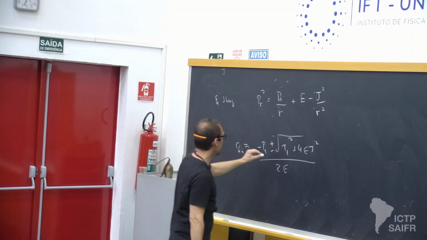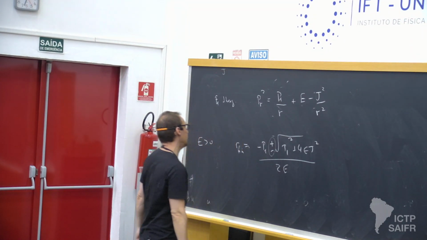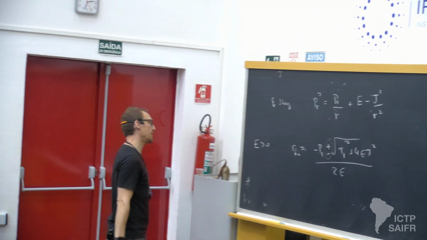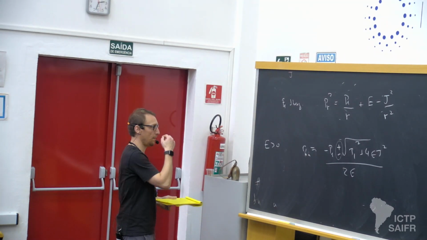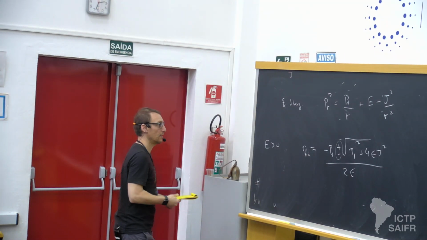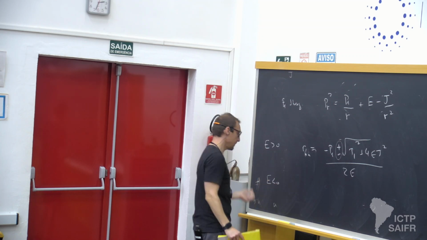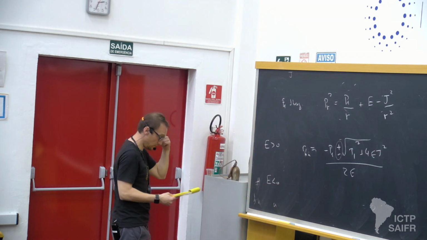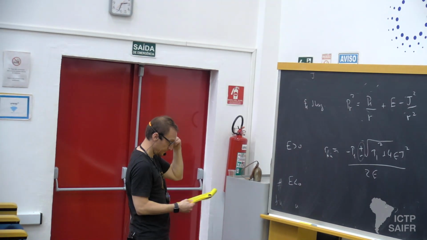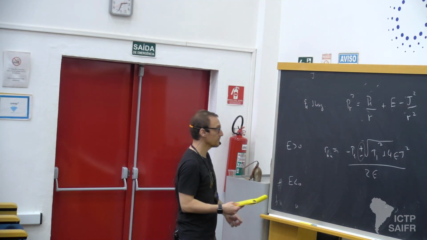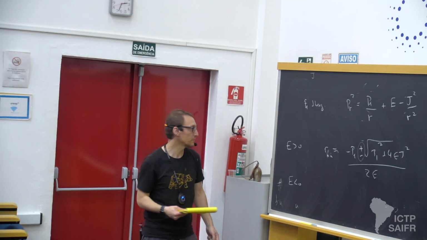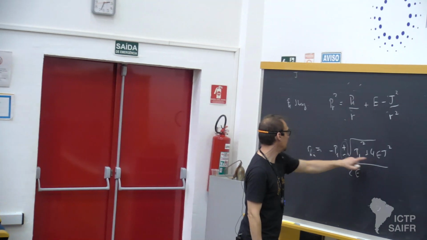And the whole point is that the solutions that you're going to need will depend on the signs of, first, whether it's positive energy or negative energy. You're going to have the two solutions that you need. Well, plus is the one that I need for this guy.